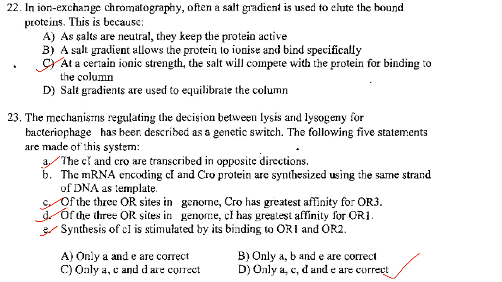The next one, the mRNA encoding C1 and CRO protein are synthesized using the same strand of DNA as template. No. The next one, of the 3 OR sites, that is operator sites in the genome, CRO has greater affinity for OR3. That is also correct. Then of the 3 OR sites in the genome, C1 has greater affinity for OR1. So that is also correct.